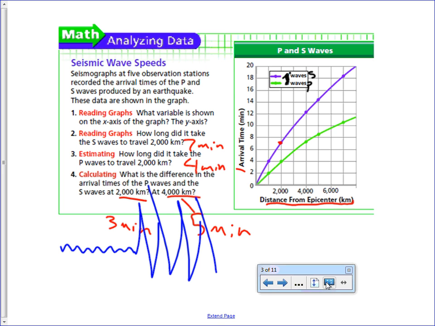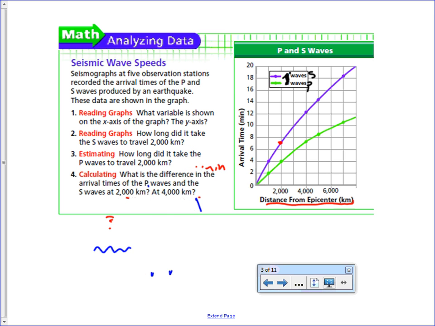This is straight out of the textbook, and it shows you how fast each one of these waves travels. So if the S wave took 4 minutes to get there, then you can see that it was 1,000 kilometers from the epicenter.